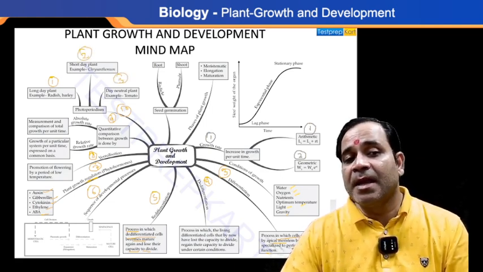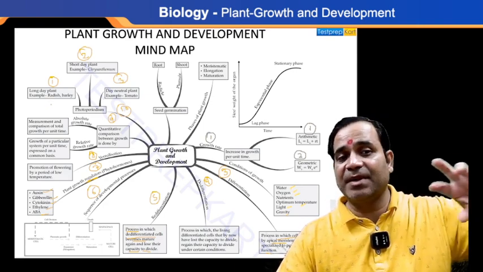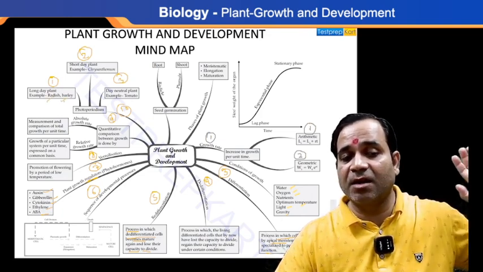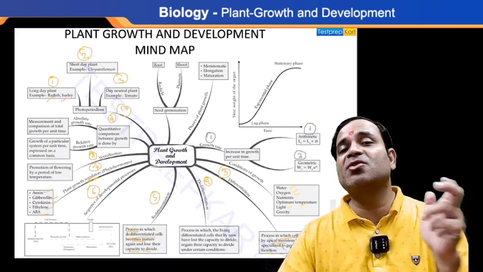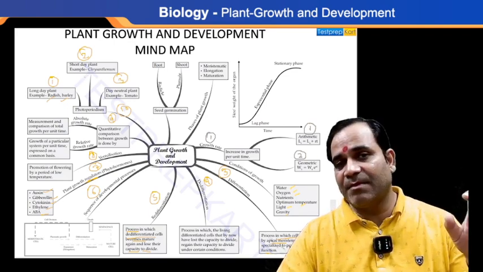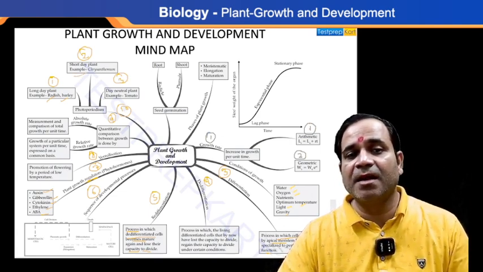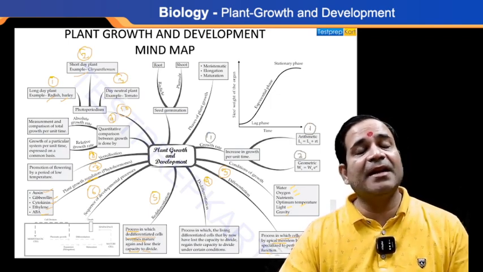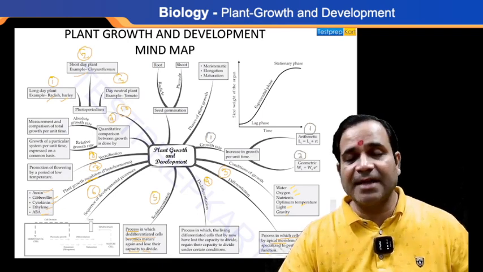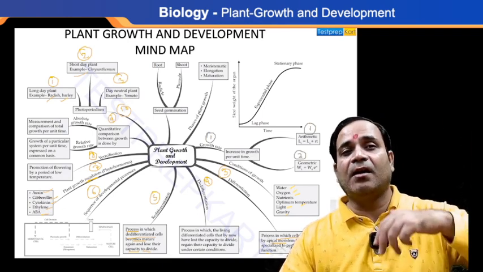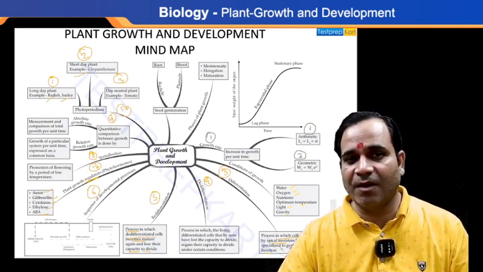If I'm saying long day plant, it means they require continuous light. Example, radish, barley. These are long day plants. When I'm saying short day plant, it means they need light but for a very short period of time, or a very limited amount of time. But when I'm saying day neutral plant, it means they neither need too little nor too much light.